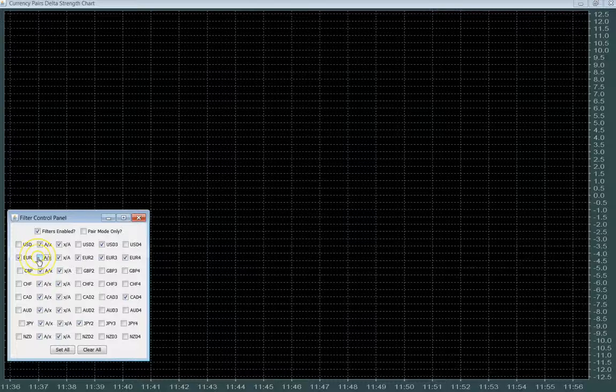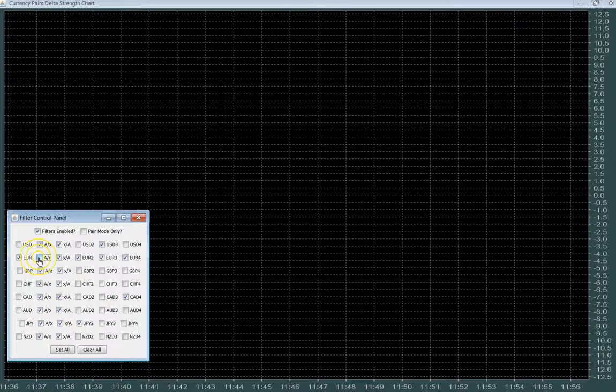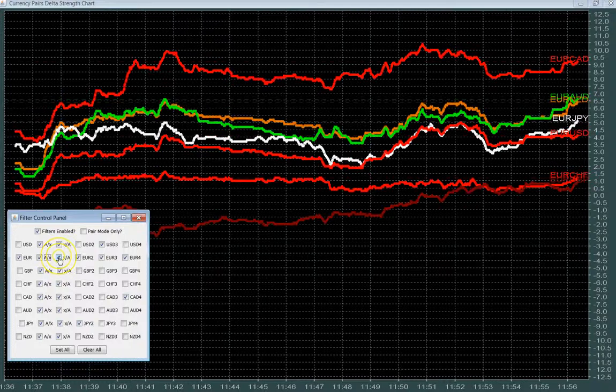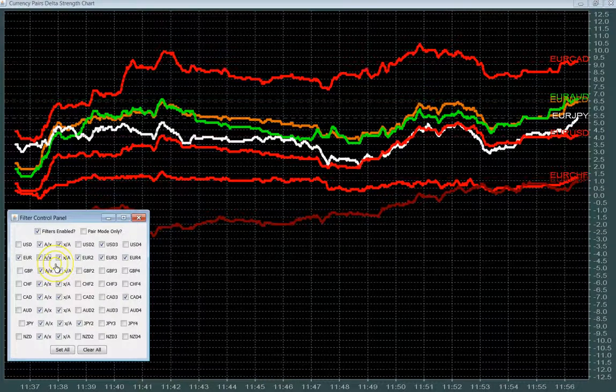So there are no currency pairs where the euro appears as the top. Similar to the Japanese yen, there are no pairs in which the Japanese yen appears as the top currency. Now by top, I just mean the top side of a fraction, A over B. The base currency over the quote currency.